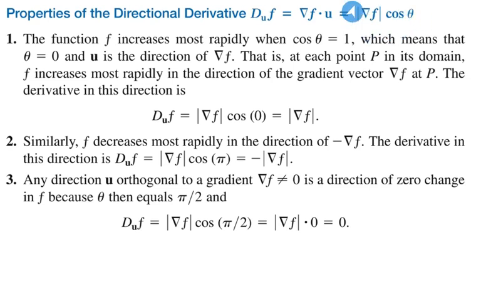And so this new definition can be derived briefly from our directional derivative as a dot product formula. But I'm just going to give it to you and say, hey, we know this is going to be true. The magnitude of the gradient times cosine theta. And in this situation, theta is representing the angle between two vectors.